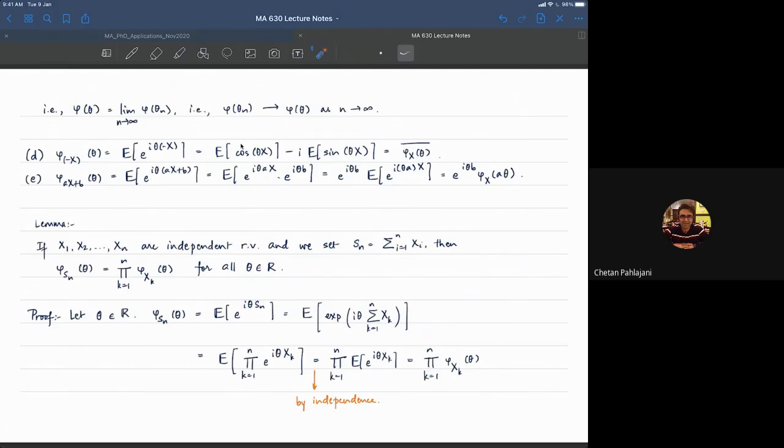That is a given. By independence, you get the product, k going from 1 through n, of the expectation of e to the i theta xk. This is just the product, k going from 1 to n, of phi xk of theta. So when you're adding independent random variables and taking the characteristic function, that is just the product of the individual characteristic functions. Any questions with this?